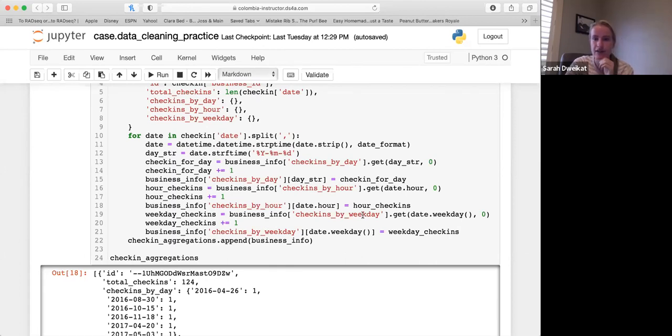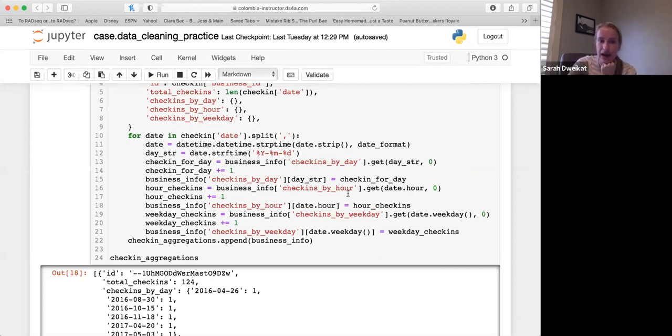The only difference is instead of getting the date as a string, we want the hour instead. So here we have date.hour. In some cases we want to pull the string for check-ins by day because we want to count the date as a string to see how many are the same.